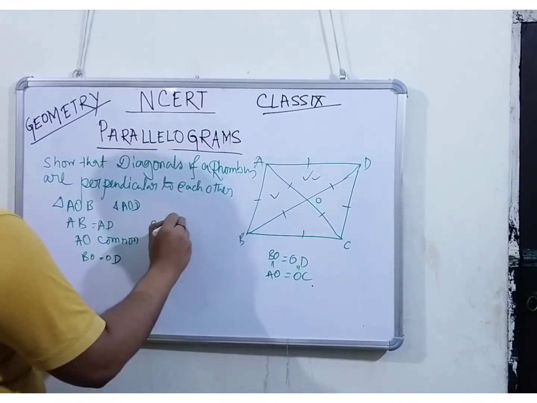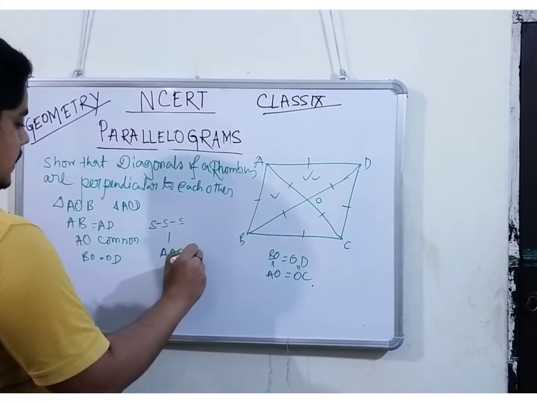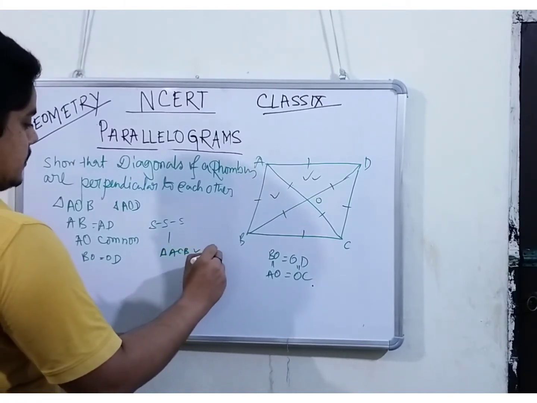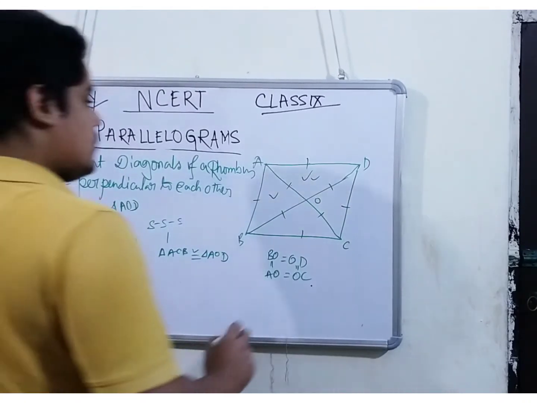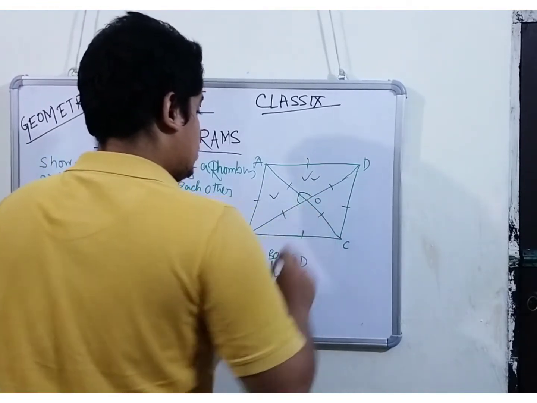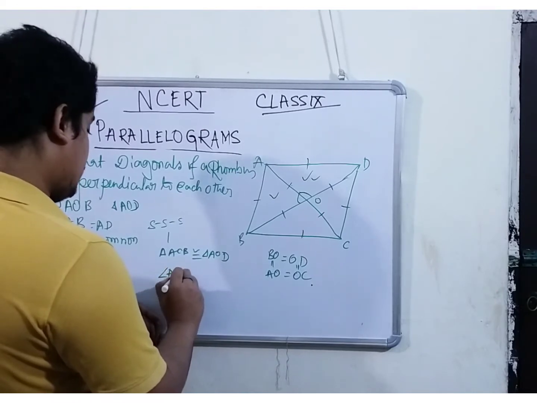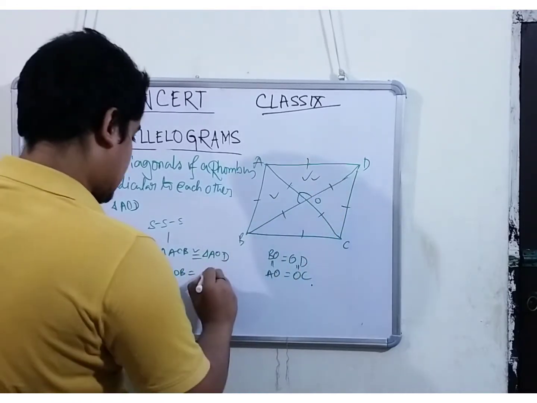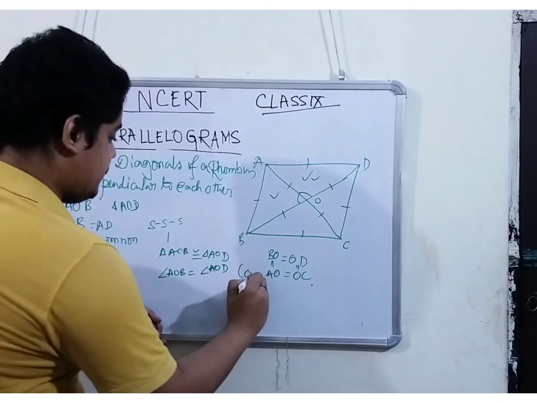So according to the SSS axiom, we can say these two triangles are congruent. From that we can come to the conclusion that these two angles are equal to each other. So angle AOB will be equal to angle AOD. It is CPCT.